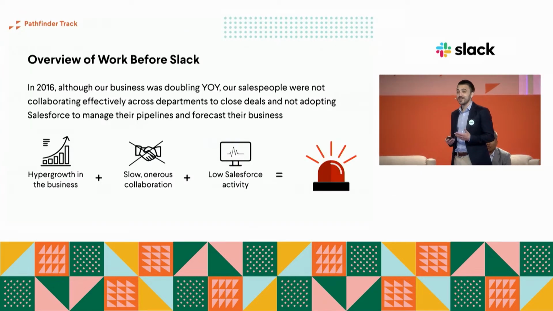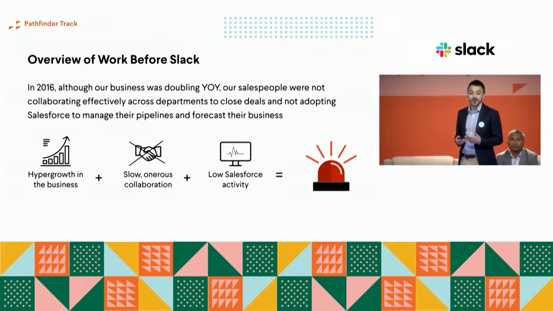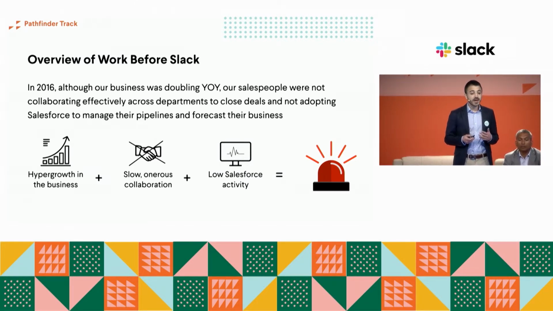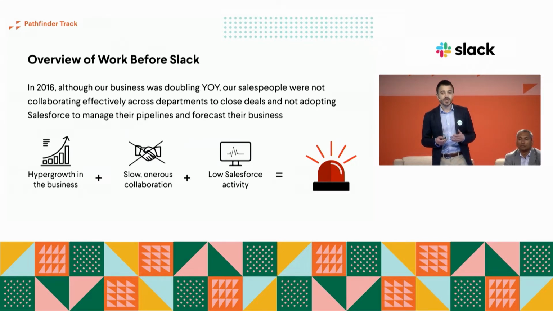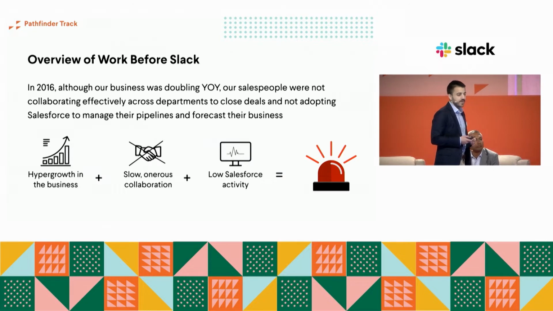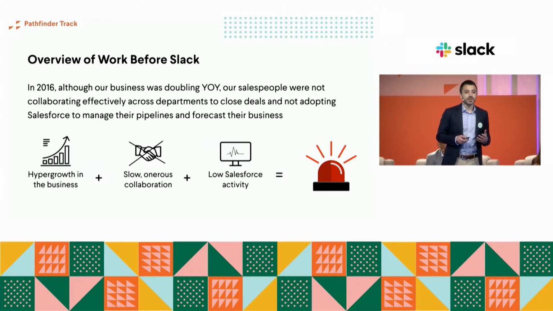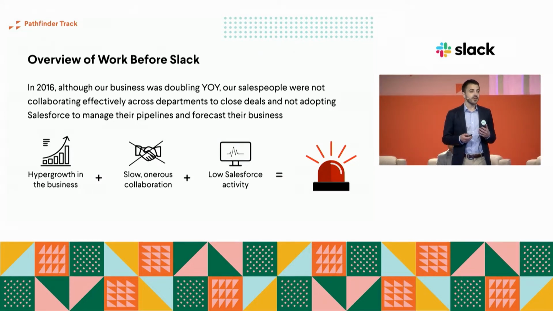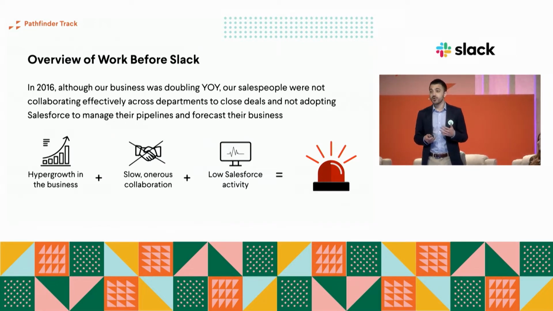In order to achieve that much growth in so short a period of time, we needed to build a sales organization that was capable of doubling the business year over year, and Slack has played a really important role in helping us to do that. In 2016, we rolled out Slack to solve 2 core problems. First is that our salespeople weren't collaborating effectively across departments.